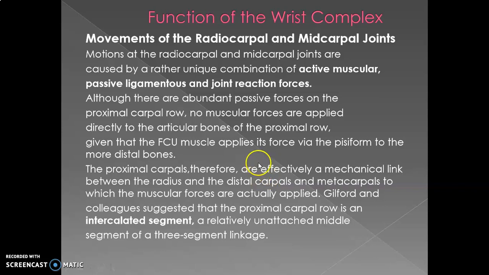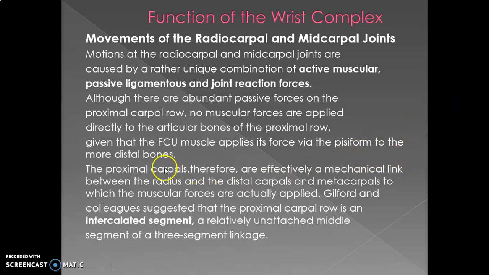They are a mechanical link between the radius on the proximal side, and distally the distal carpal bones and then the metacarpal bones, on which a lot of muscle forces are acting. So the muscle force will transmit from the radius mostly to the metacarpals as well as the distal carpal row, and further to the phalanges.